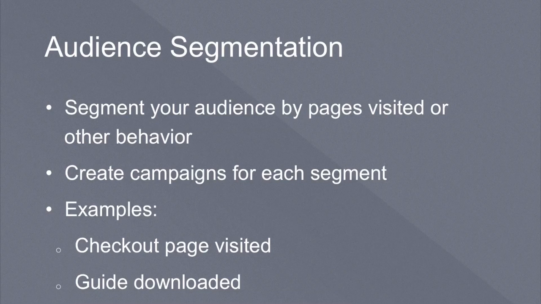So let's start with some audience segmentation. Here what we can do is choose what we show to people by the pages that they saw on our website. And we can create individual campaigns for each segment of our audience. So for example, if it was an e-commerce, for people who visit our checkout page.